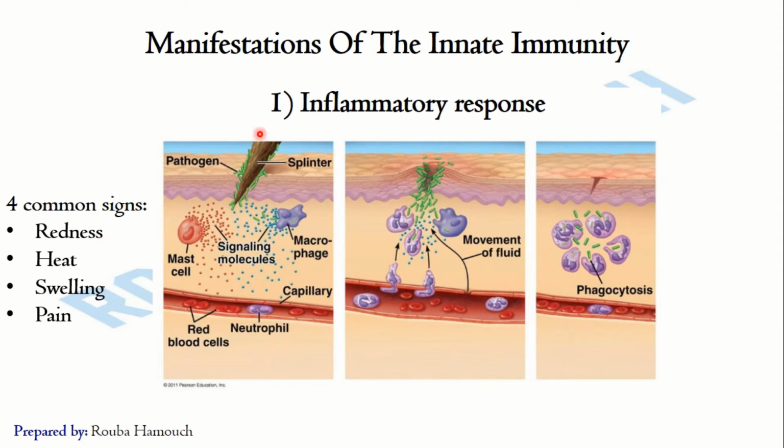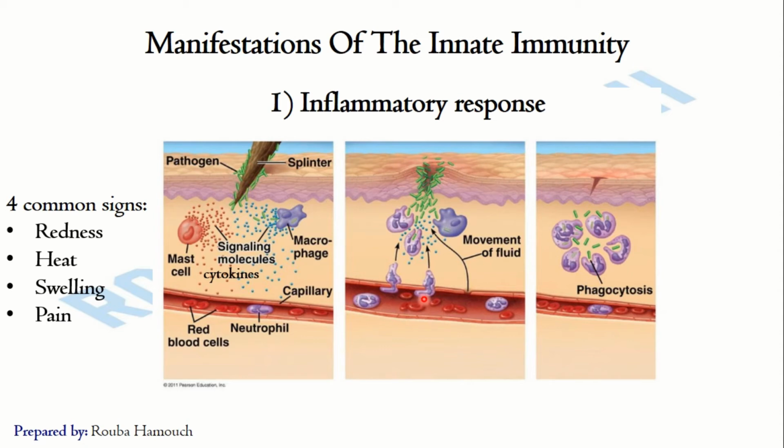Now, when the pathogen or the microbe enters the tissue, the infected tissue, as well as the microbe and the macrophage, will secrete signaling molecules called cytokines. These cytokines will cause an increase in the blood vessels' diameter.